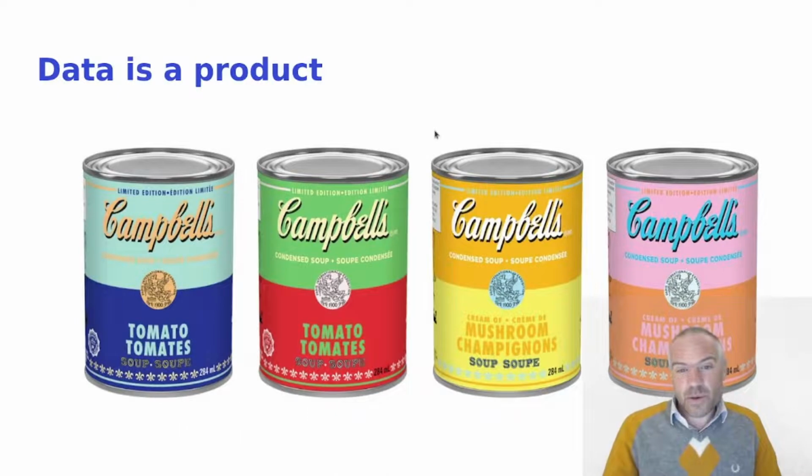But what is a data product? A data product is commodity data. It's data that is well structured, it's well described, it's easily found, and it's easily consumable. So I have a picture of Campbell's soup, which is a somewhat famous commodity. And this has an example.